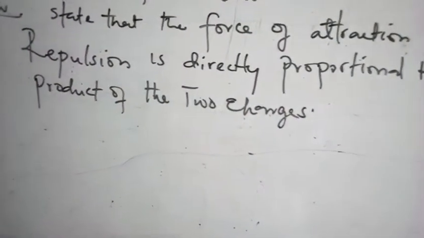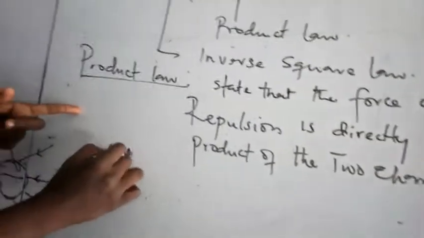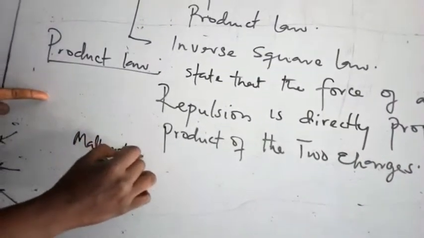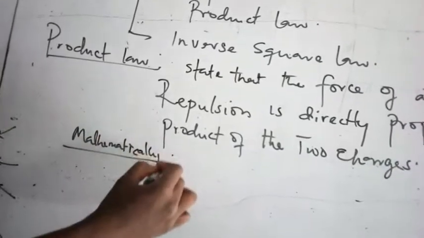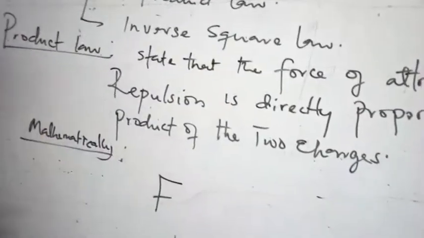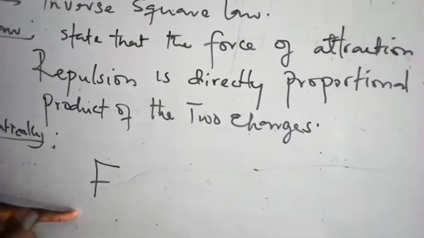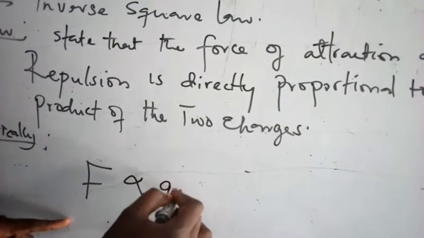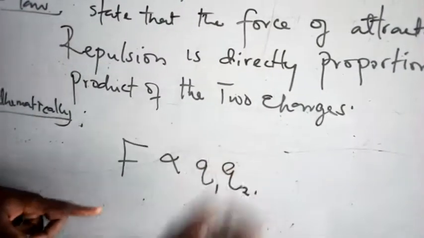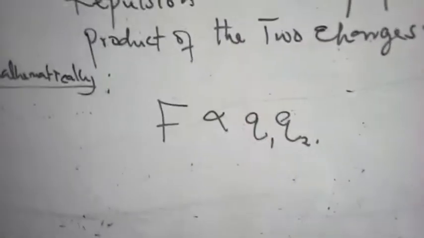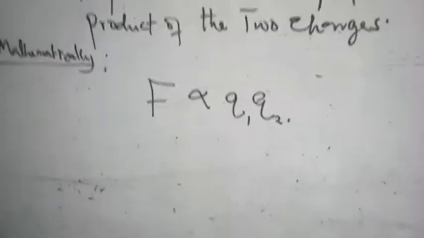Now, what are we trying to say mathematically? It says that your F, force of attraction and repulsion, is directly proportional to Q1 and Q2. Please, I want you to note: force of attraction and repulsion is directly proportional to Q1 and Q2.